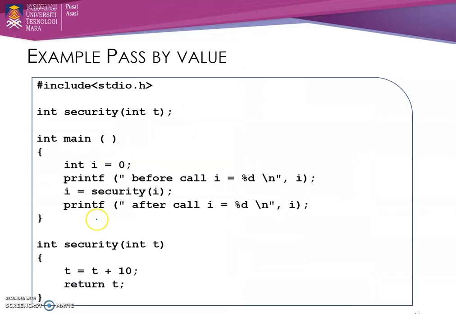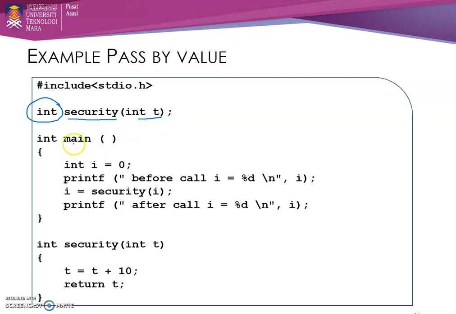Okay, next we go for another example. Again, this is a return value function where the name of the function is security, and this security function is going to pass one variable, which is integer t.